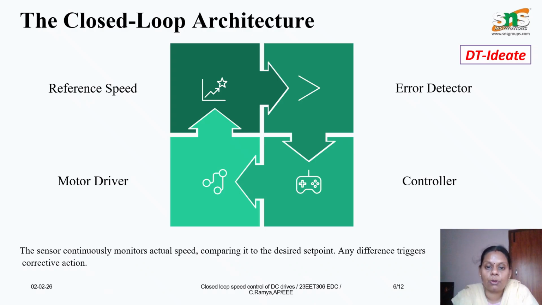The controller processes this error and generates the control signals. If the load increases, the speed drops, which increases the error, and the controller increases the voltage so the speed is restored. This is the automatic correction.